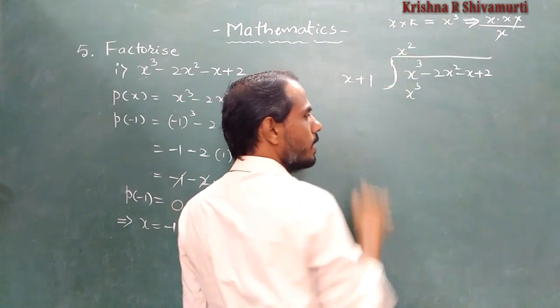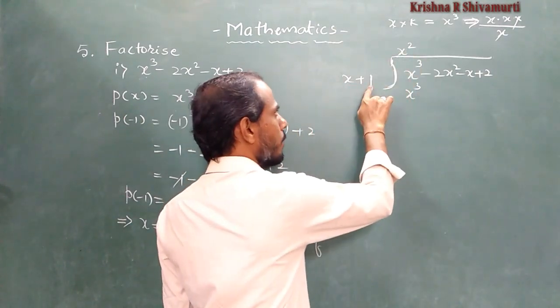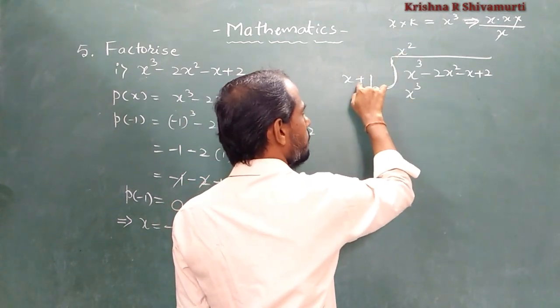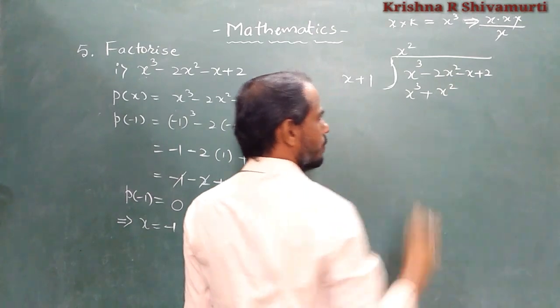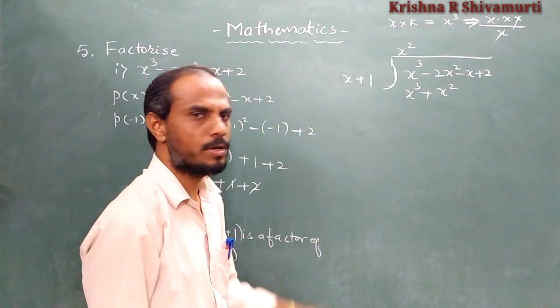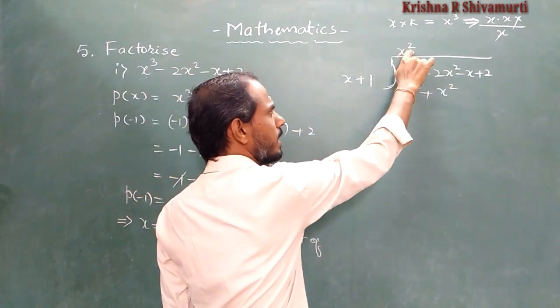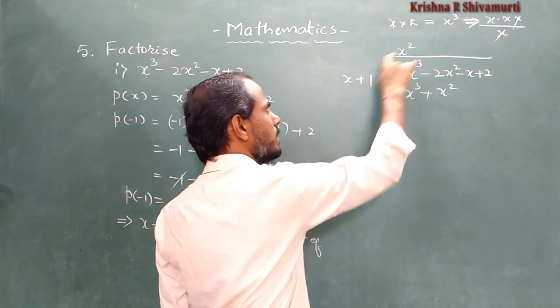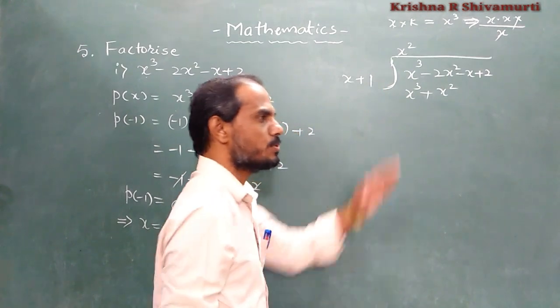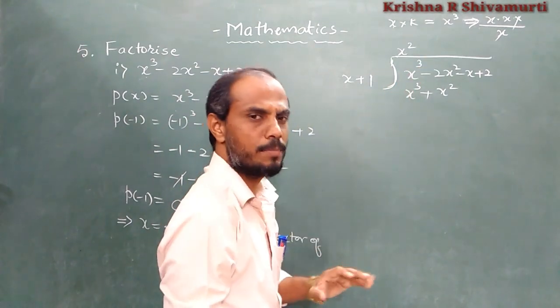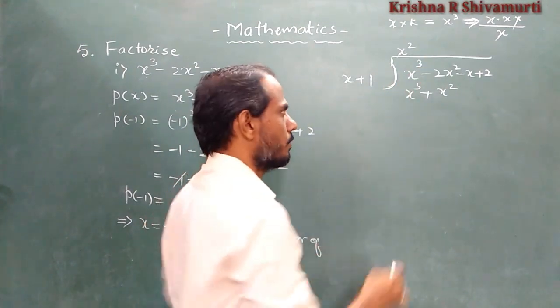Both terms we should multiply to the quotient. 1 into x square. What is the sign? Plus. Plus into plus. 1 into x square is x square. Okay, understood? I have taken here x square because x into x square becomes x cube. The aim of the division is what? Try to make the first term 0 or a smaller one.